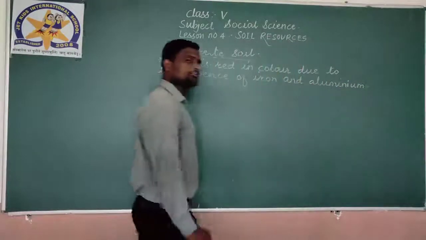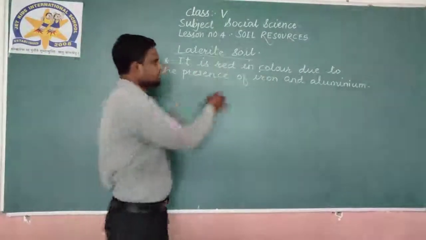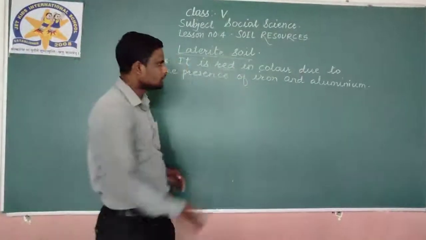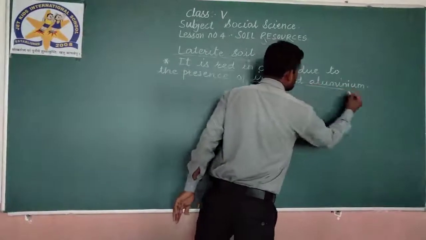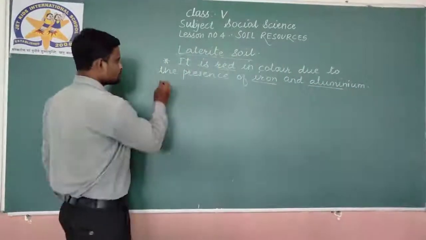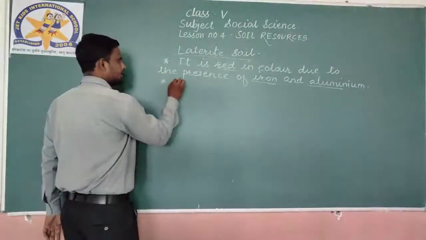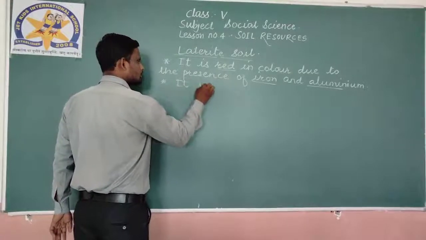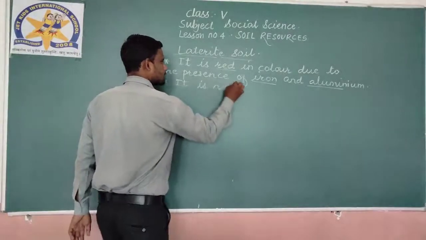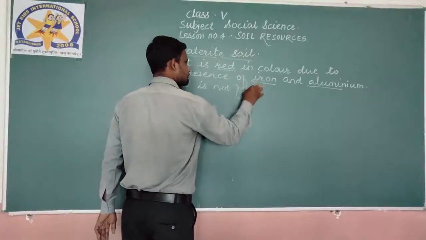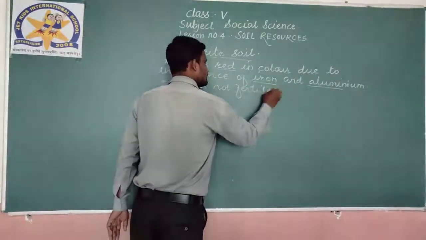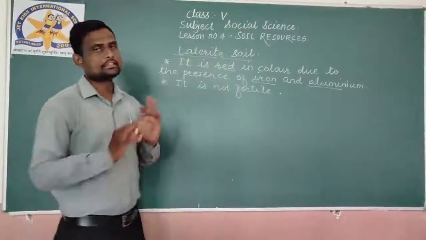Means the color of this soil is red. It is red in color because iron and aluminium is present in it. Second point is it is not fertile. Means the fertility of this soil is less.